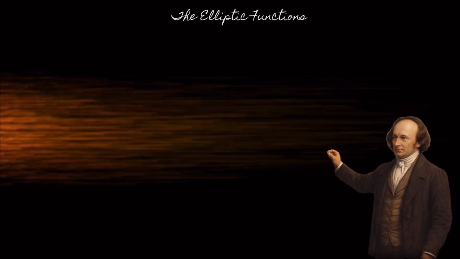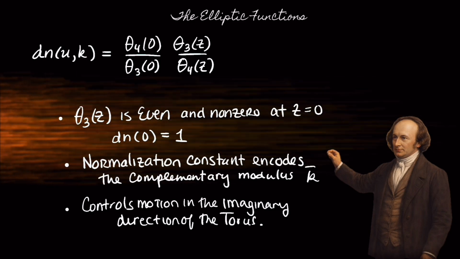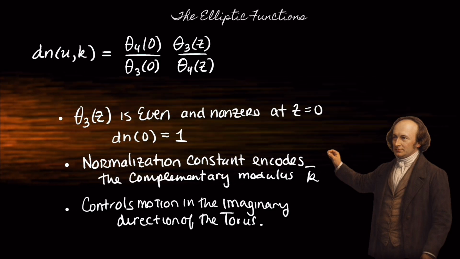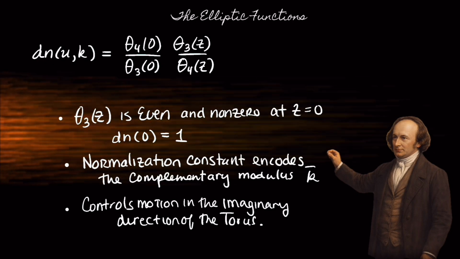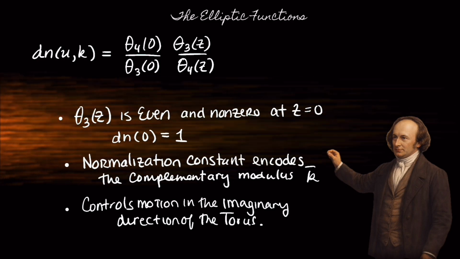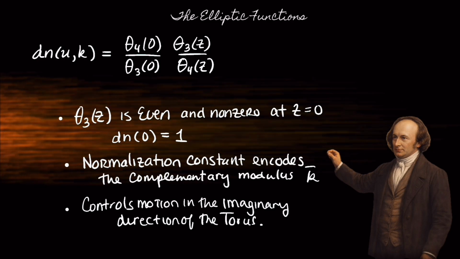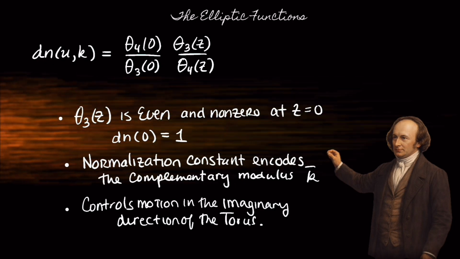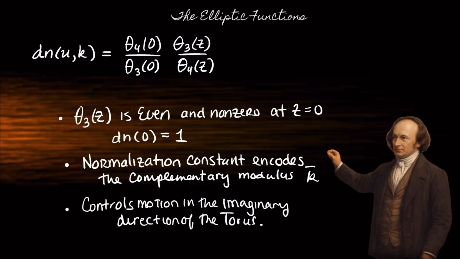And then finally, dn of u, k is the ratio of theta 3 over theta 4 normalized by the constants theta 4 over theta 3. Another even function, and satisfies the relation dn of 0 equals 1. The normalization constants encode the complementary modulus k bar and control motion in the imaginary direction of the torus.